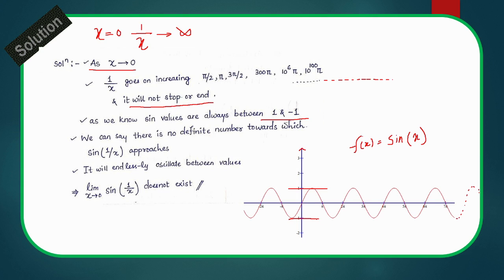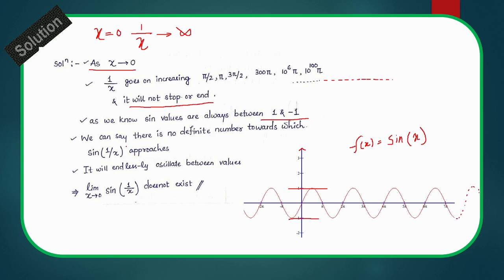The graph is in between plus 1 and minus 1, and for x at infinity, the value will oscillate between minus 1 and 1. So we can say there is no definite number towards which sin 1 by x approaches. It can be any number between -1 to 1, as infinity itself is not a definite number.